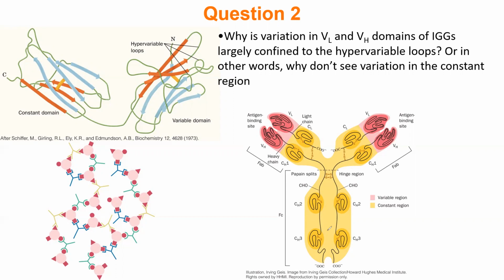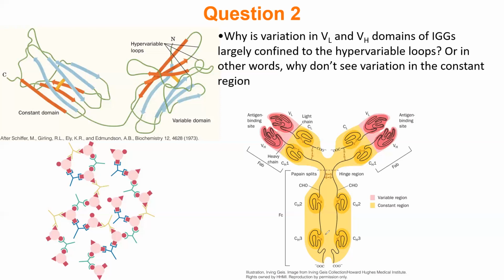Because remember, we can make millions, billions of different antibodies. You don't want to make millions and billions of different proteins just to interact with those antibodies. So if every antibody has the same tail, well, we only need one protein to interact with all those different types of tails.